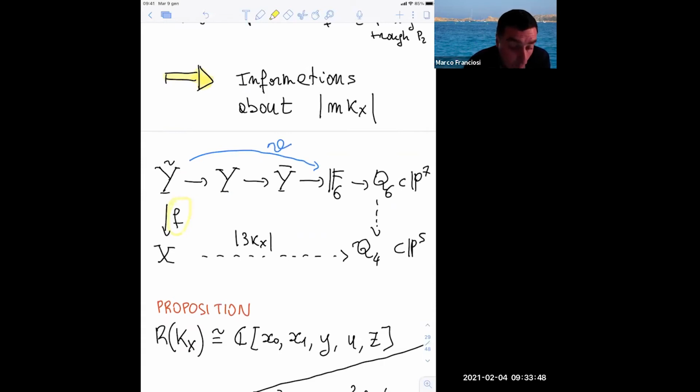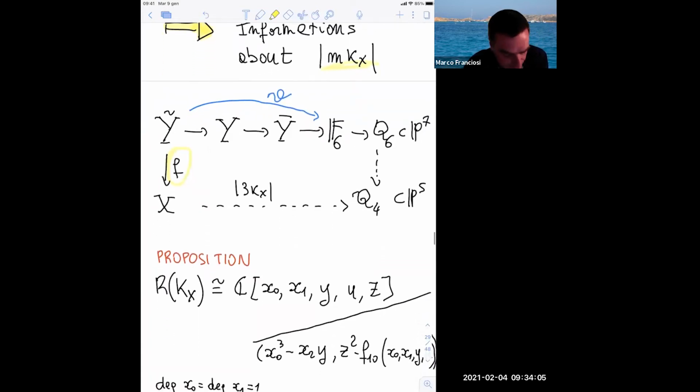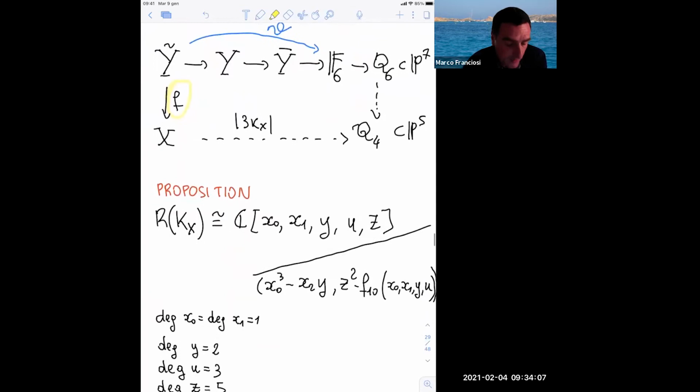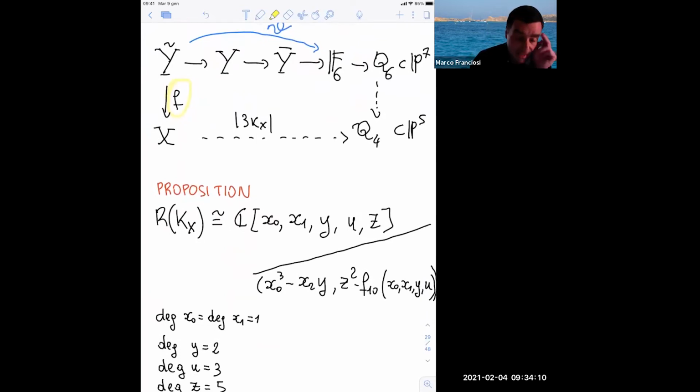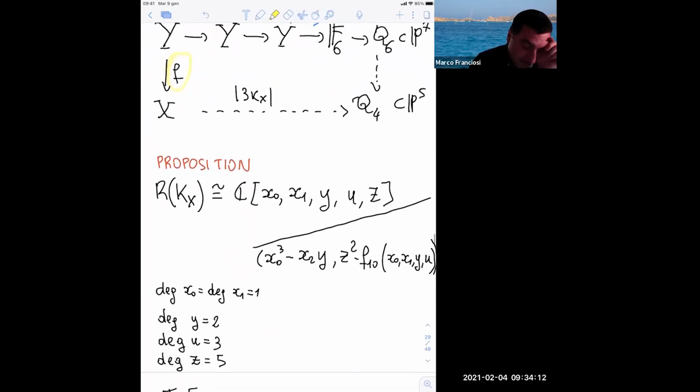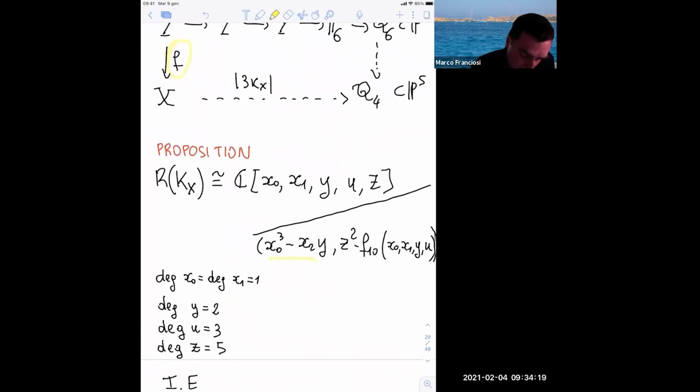So if you want to consider the canonical ring, we may use this description to keep track of all the systems. So the proposition is the following. The canonical ring of such a surface is the following. We have C[x0, x1, y, u, z] modulo the ideal given by 2 equations.